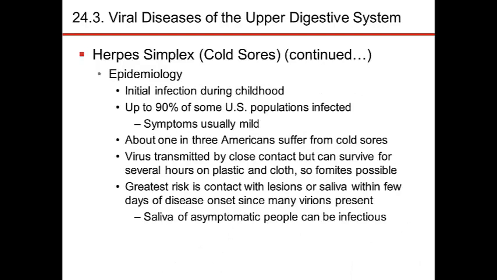HSV infections occur worldwide, and infection with HSV1 is acquired more frequently and earlier in life than with HSV2. By the time they are 50 years old, more than 90% of adults have antibodies to HSV1. Cold sores are most commonly seen among children and young adults.